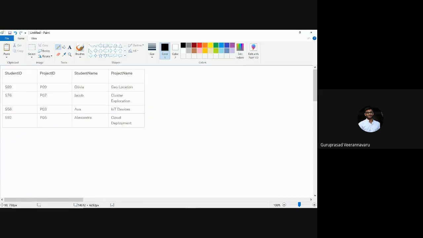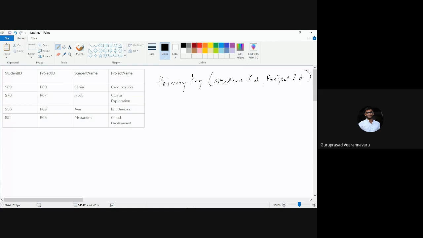What is the common, what can you say is the primary key? This table is basically to identify which student is assigned which project, right? Student ID, project ID. But you also have the student name and project name. So here you can say the primary key is a combination of student ID and project ID, right?